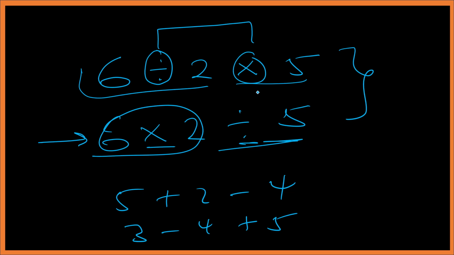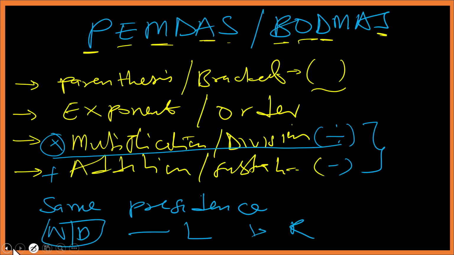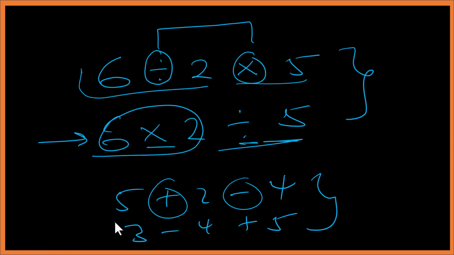Now I have also the next pair, that is addition and subtraction. So if it happens this way, now let's check. We have addition and subtraction, so same precedence. I'll start from the left, so this side I'll add and subtract, and this one too I'll subtract and I'll add as well.